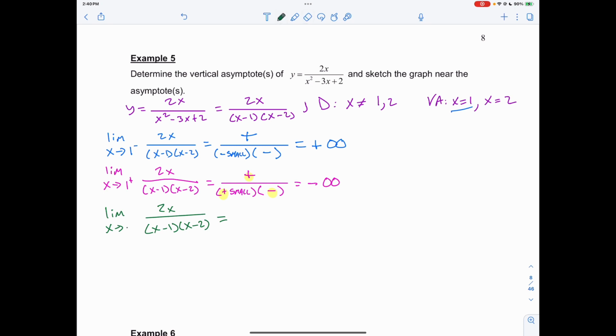Doesn't make a big difference, but I just want to keep it consistent. 2 from the left, then I'm going to pick something like 1.99999, and I'm going to get a positive value, and I'm going to get a negative, very small number.